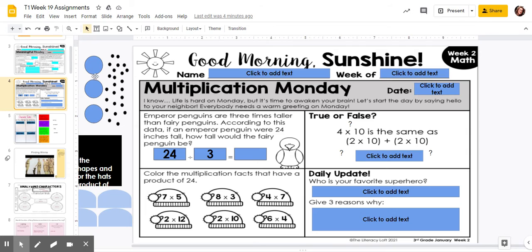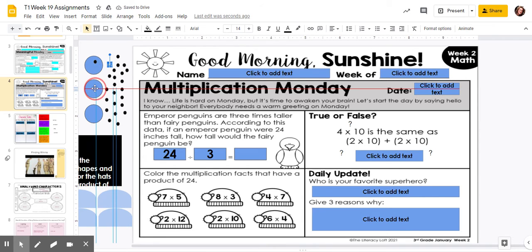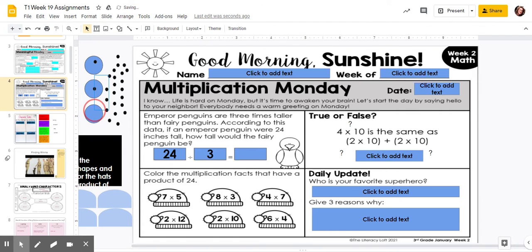Or off to the side here, I made 3 equal groups and then 24 dots. And what you do is you move 1 dot into each circle, one at a time, I should say, until all 24 dots have been used. You need to make sure that you're giving them out equally. If you do not give them out equally, your answer will not be correct.